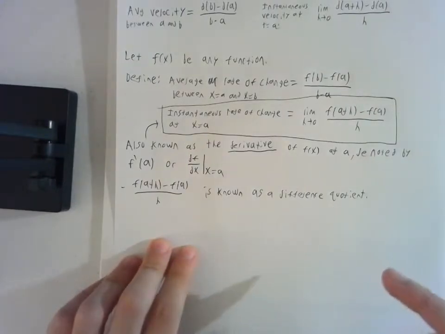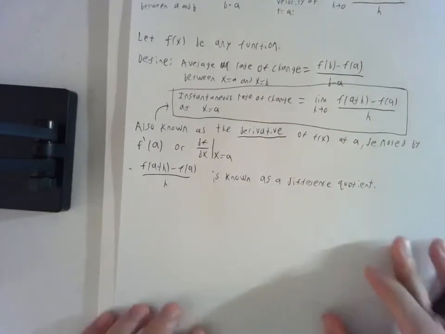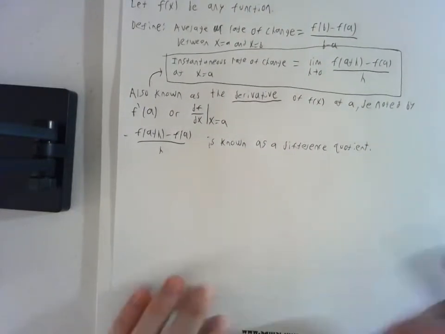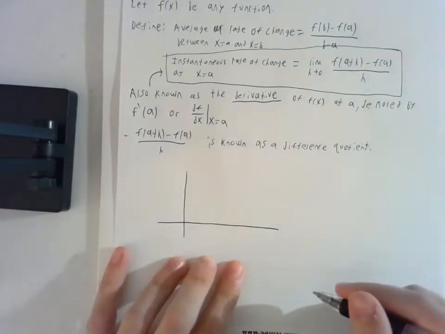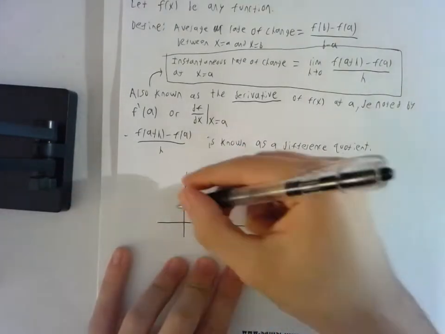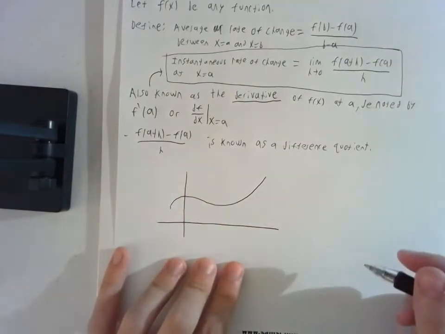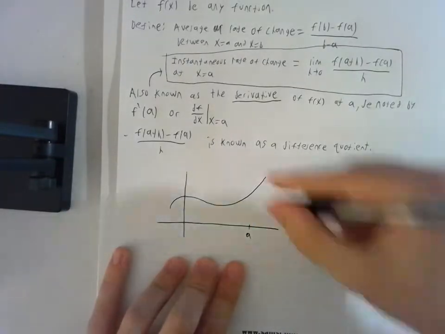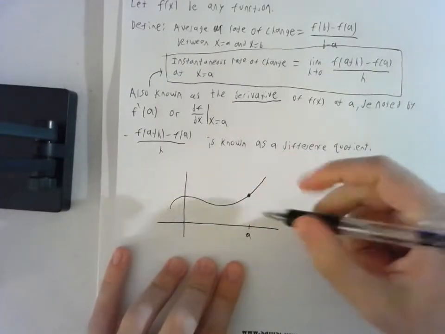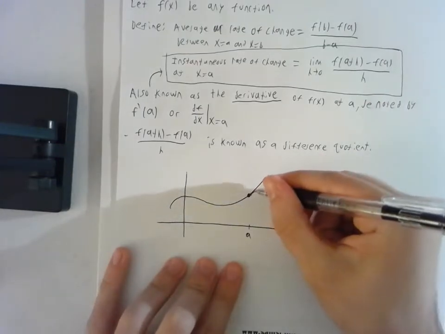So what is the derivative at a point really telling us? Well, if you remember the instantaneous velocity, we could visualize graphically as the slope of a tangent line to the curve. So similarly, if we have a point a here, the derivative at a gives us the slope of this line, which is tangent to the curve.